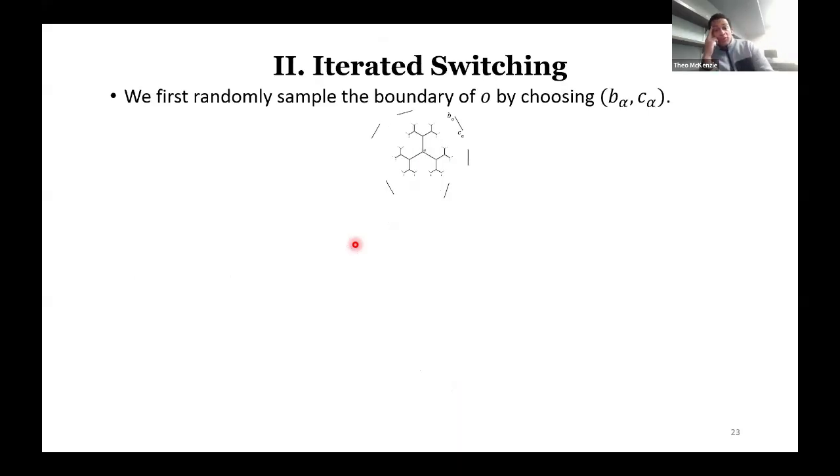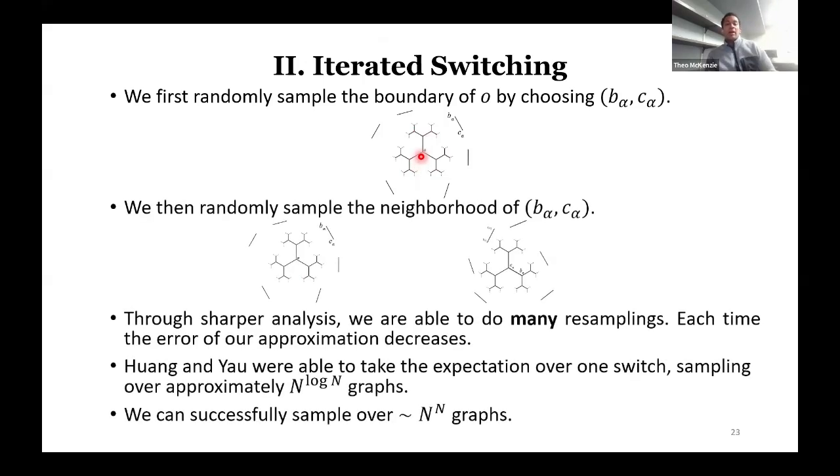And really what we do is that we need to iterate this process. So I start by randomly selecting edges away from this vertex O, which will create a new boundary. And then I'll iterate this process by randomizing the boundary around this vertex C sub alpha as well.